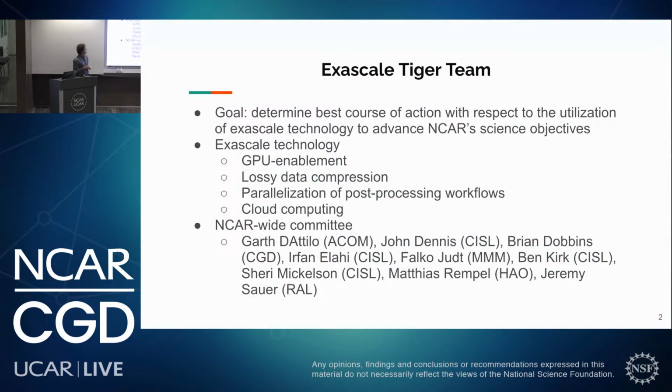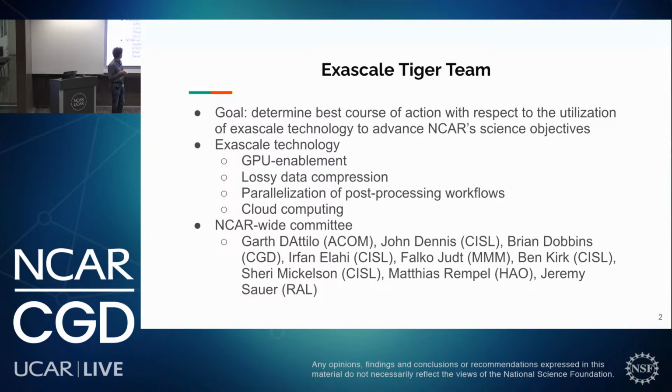The goal of the Exascale Tiger team was to determine the best course of action with respect to the utilization of exascale technology. We want to be aware that we're talking about exascale technology versus an exascale system, because you're probably not going to get an exascale system here at NCAR. You will be using systems that are built with exascale technology.